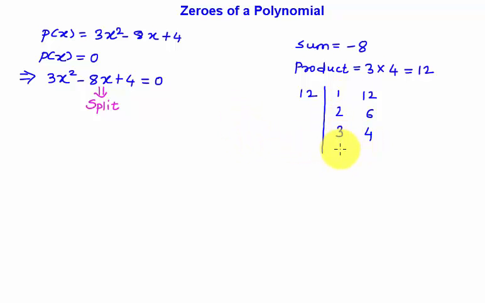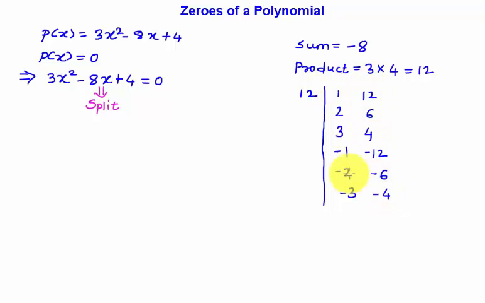Now this is all about positive integers. Now let's take the negative numbers. So minus 1 into minus 12 will give us the product as 12. Why are we taking negative numbers? Because we need the sum minus 8. Now the next number is minus 2. Minus 2 into minus 6 will give us product as 12. Similarly minus 3 into minus 4 will give us product as 12.